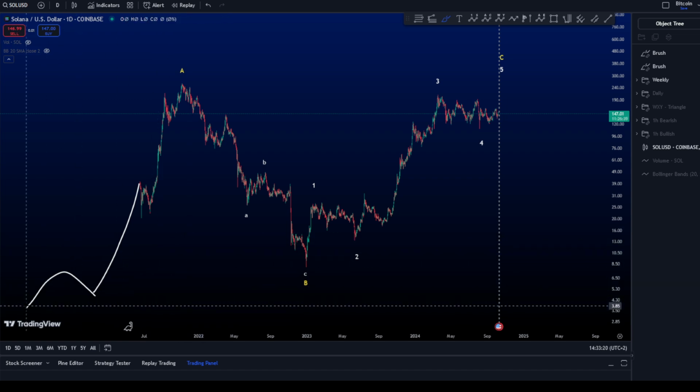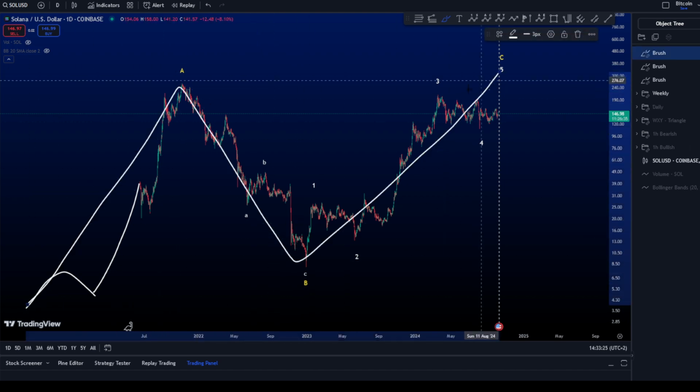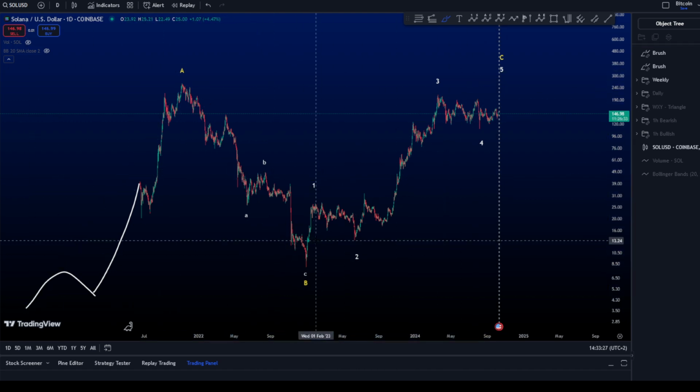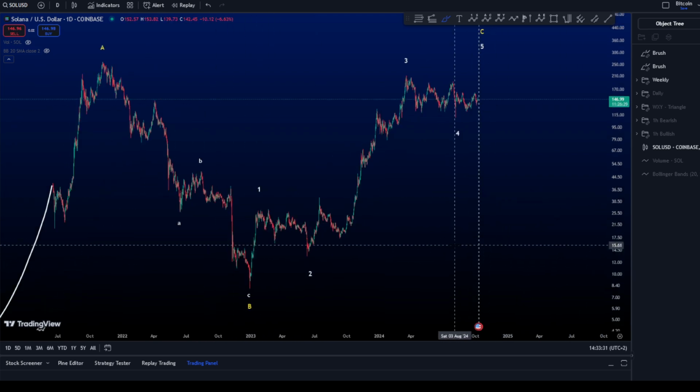So anyway, this makes it much clearer that we are in a zigzag ABC, and by all means we are looking for a wave C with 5 waves towards the upside.